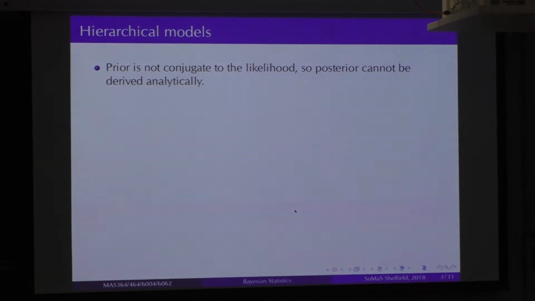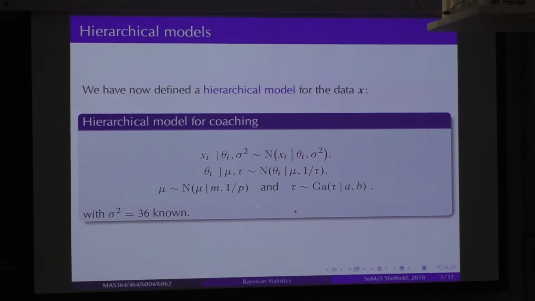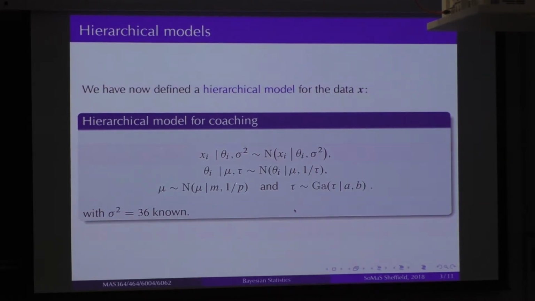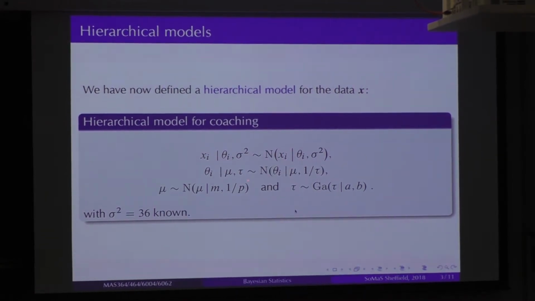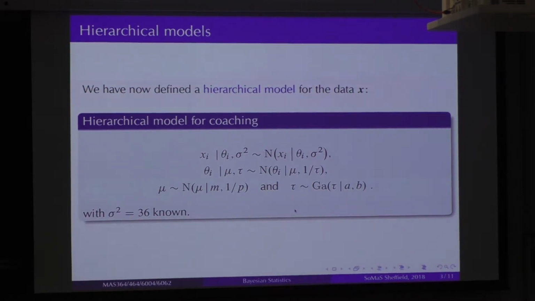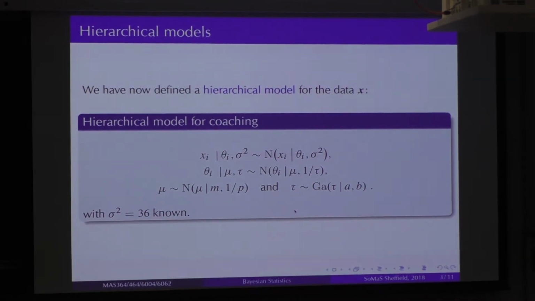If we go back, when we put together all these distributions, we've seen that this structure here, having a Gaussian with unknown mean and unknown precision, and independent priors for the mean and the precision, will lead to a posterior that is non-conjugate, right?